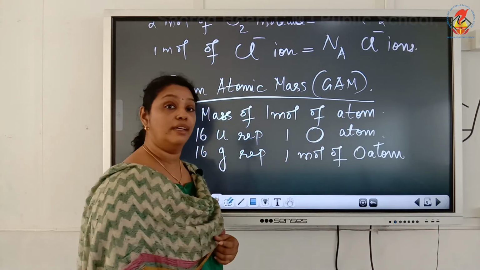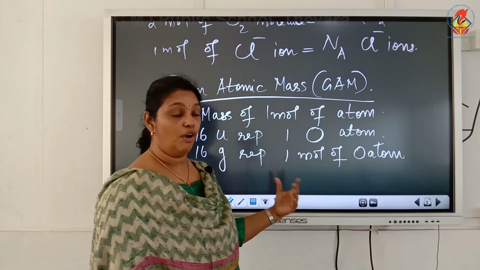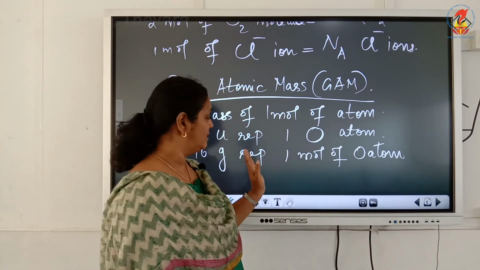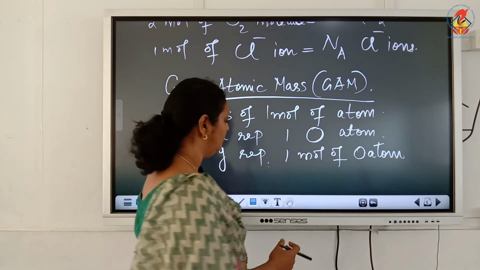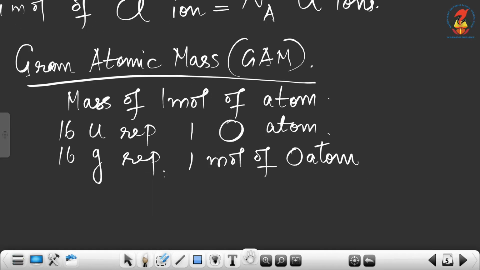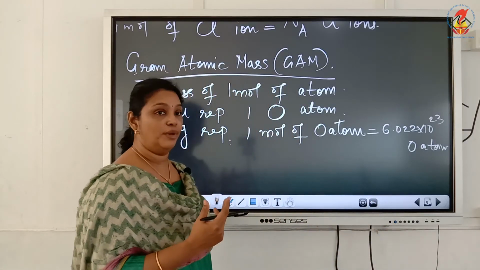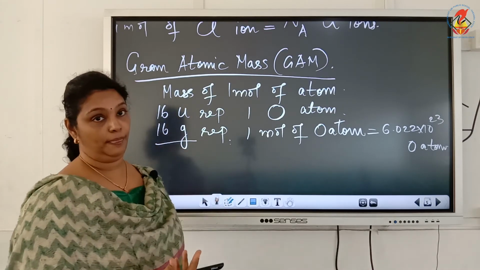Now when I say 16 gram, this is the atomic mass of oxygen represented in grams, or it is the mass of 1 mole of oxygen atom, 16 gram. So 16 gram represents 1 mole of oxygen atom, and we know that 1 mole of oxygen atom will contain Avogadro number of particles. So this is equal to 6.022 into 10 raised to 23 oxygen atoms. Or we can say 6.022 into 10 raised to 23 oxygen atoms will weigh 16 gram.